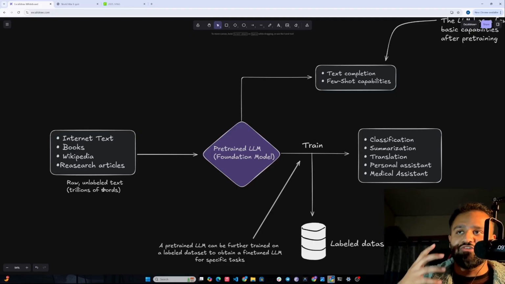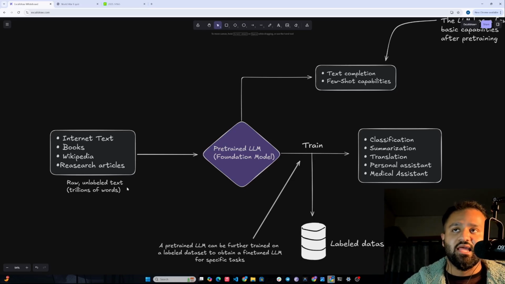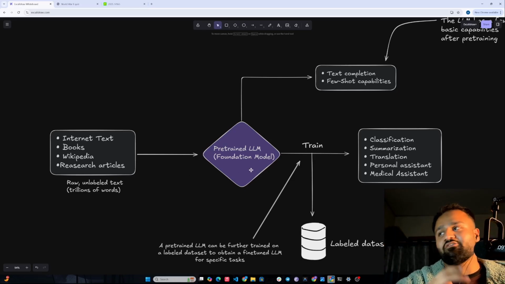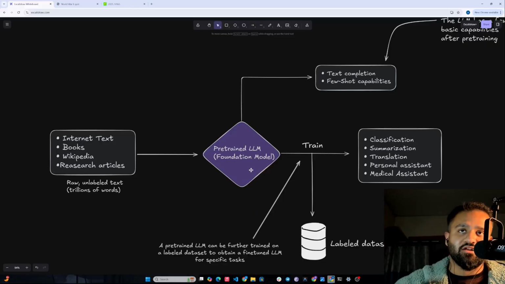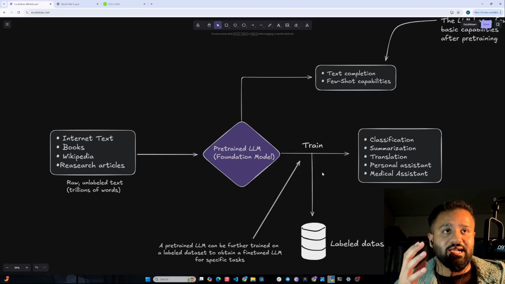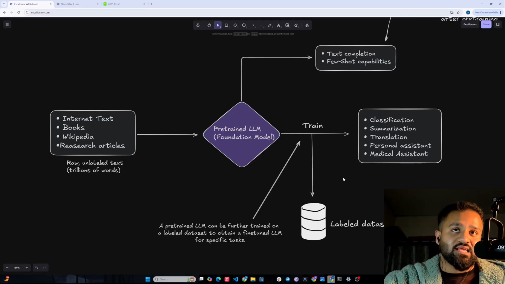First of all, we collect raw and unlabeled text, like trillions of words from internet, textbooks, Wikipedia, research articles, and we put that data into our model, and after training it, we get our foundation model that can be further trained to do specific tasks, like classification, summarization, translation, personal assistant, and medical assistant.